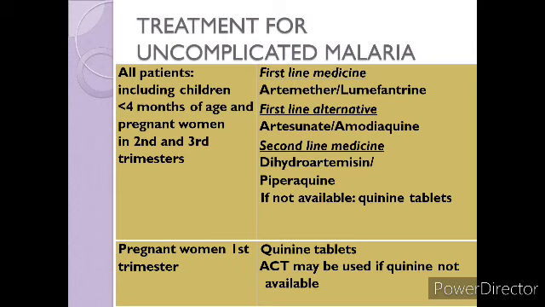Then in pregnant mothers within the first trimester, we give quinine tablets. If quinine tablets are not available, then it means we can give the first line treatment, which is artemether-lumefantrine, or we can give dihydroartemisinin piperaquine.